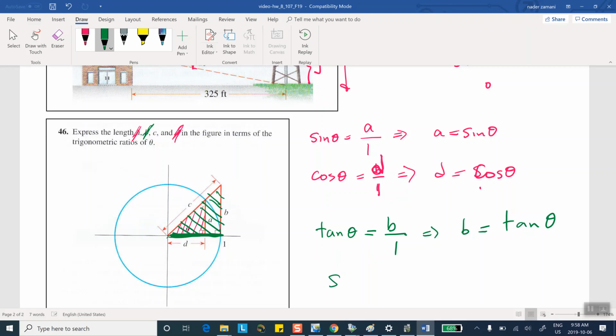If you look at secant of theta, remember, it's 1 over cos theta, right?